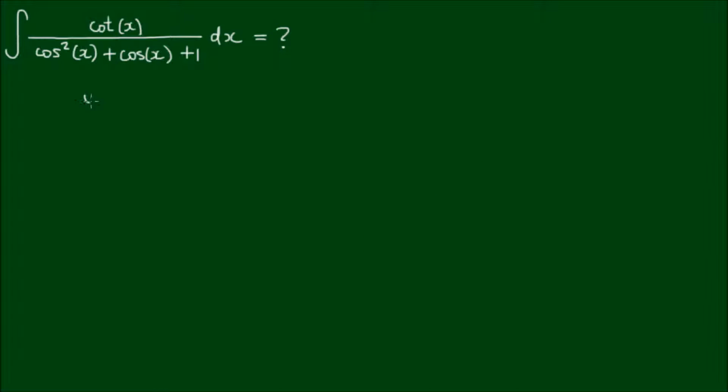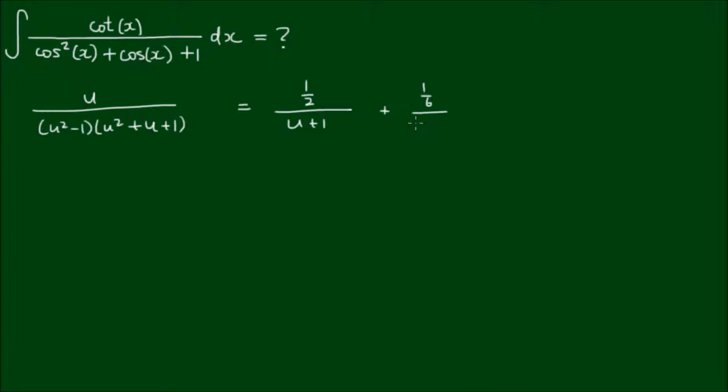Okay, so we have the fraction u on u squared minus 1 by u squared plus u plus 1 equal to 1/2 over u plus 1 plus 1/6 on u minus 1 plus minus 2/3 u minus 1/3 on u squared plus u plus 1.